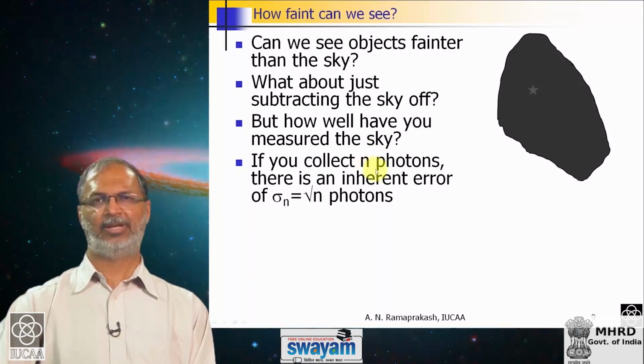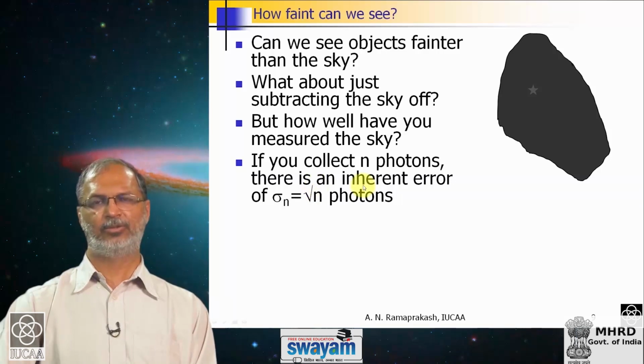I repeat the experiment again. Next time you will not get n photons, you will get a number of photons which is different from n. And you repeat this experiment many times. Each time you get a number near n, but not exactly n. If we take the mean or the average of all those numbers, they will tend to become n, and the spread in those numbers, how much uncertainty, how much error there is in each of those measurements, will be given by root n. That is the point.